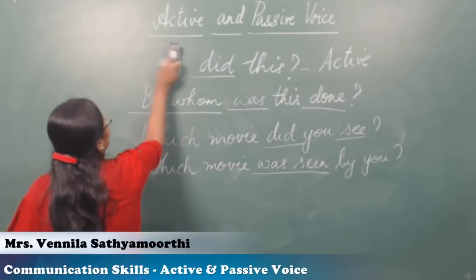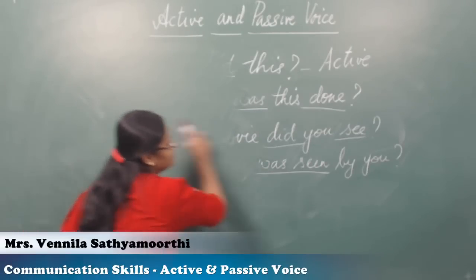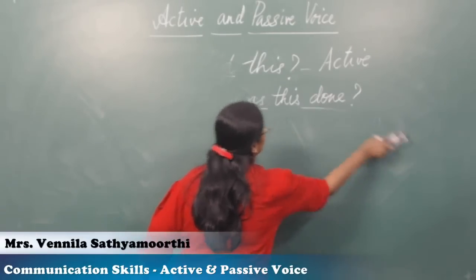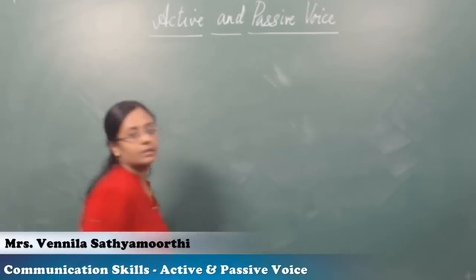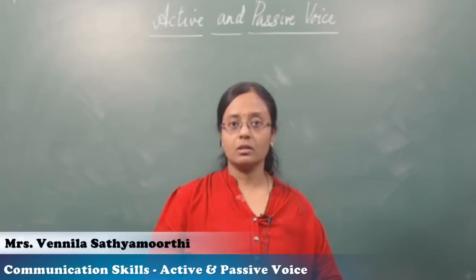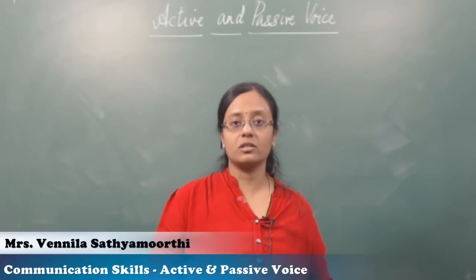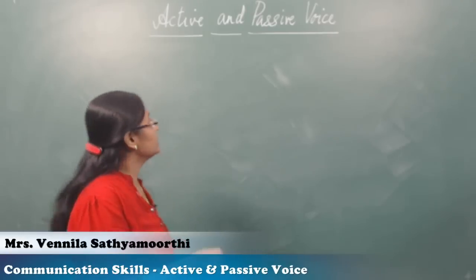Now I'll give you 5 more sentences from active to passive. Before that, we'll see the imperative sentence also. Remember the imperative? The third type of sentence is the imperative, which talks about commands, orders, instructions, requests, suggestions, advice. Everything comes under imperative.